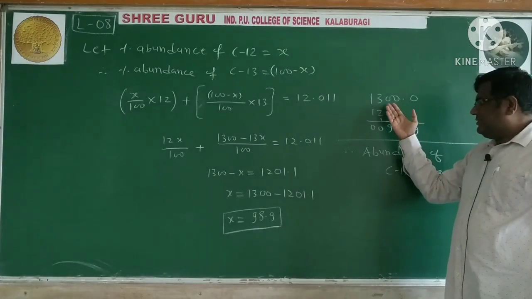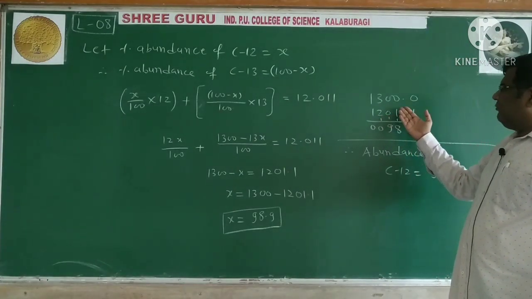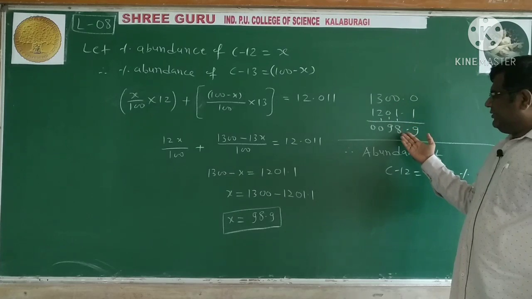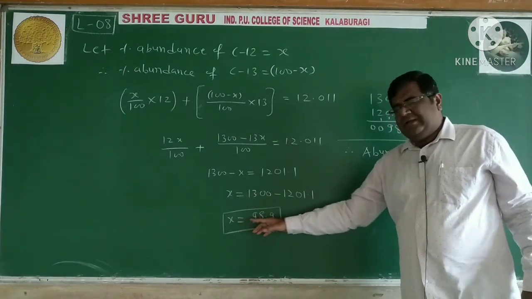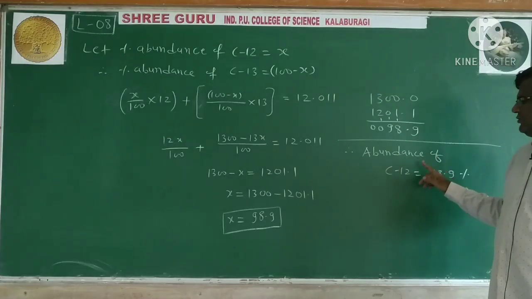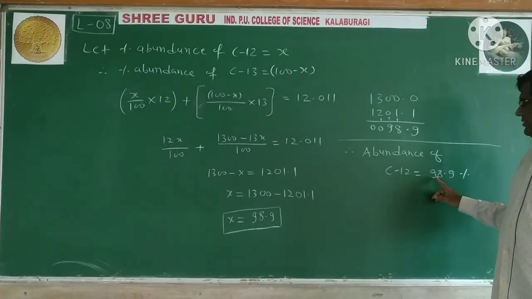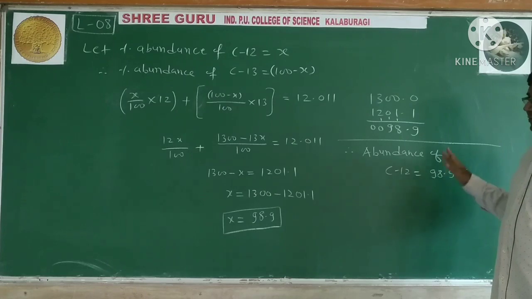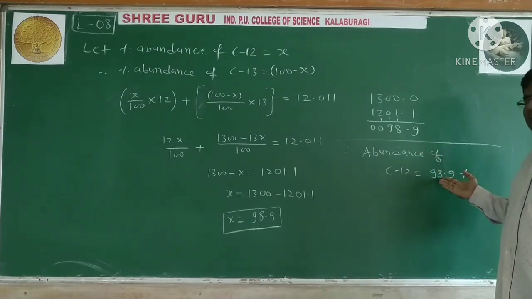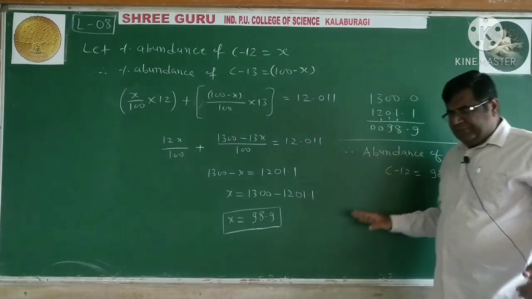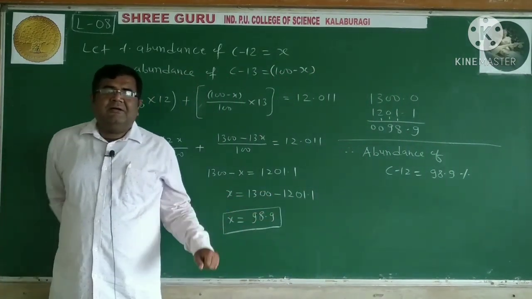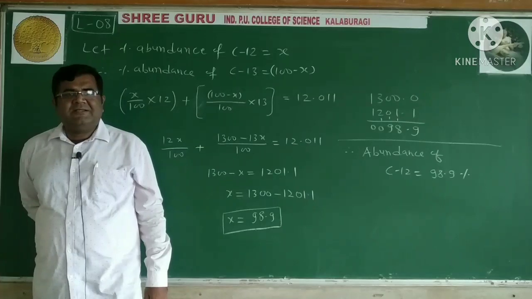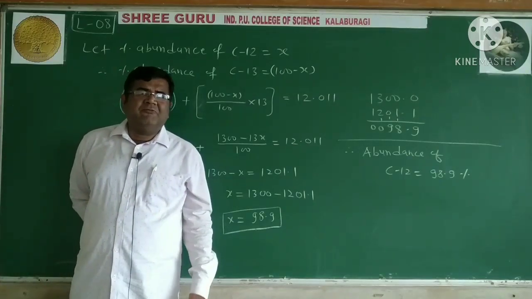If we subtract, we get 98.9, which is the value of x, and which happens to be the abundance of C12. That is 98.9. What is C13? 100 minus 98.9. So these were two questions we have solved regarding the isotopic masses and how atomic masses become fractions.